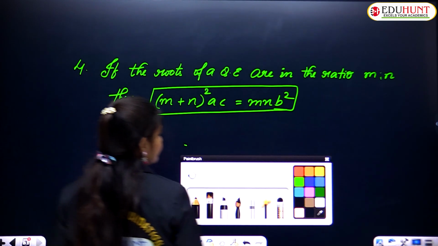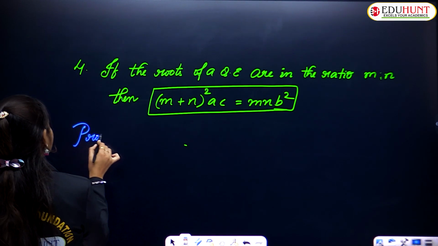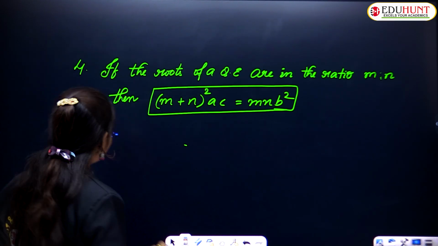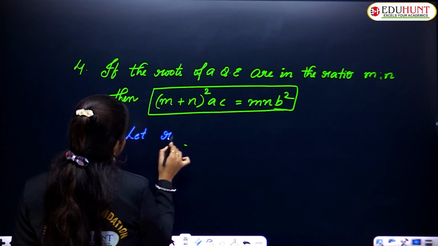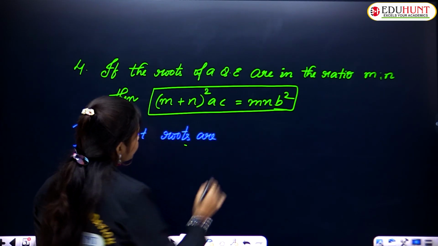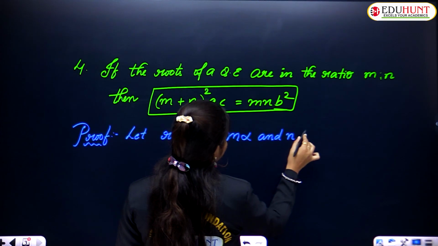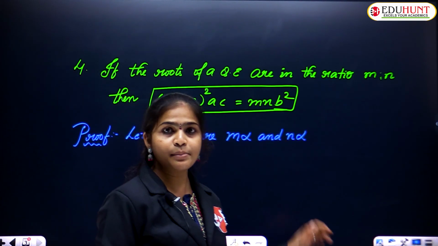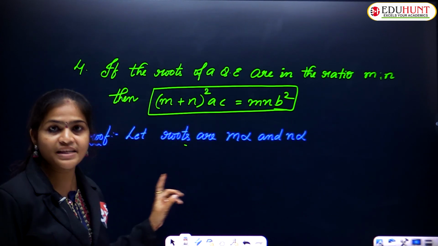So see here, given that, let the roots be m alpha and n alpha. Why have we taken m alpha and n alpha? Because the roots are in the ratio m is to n.